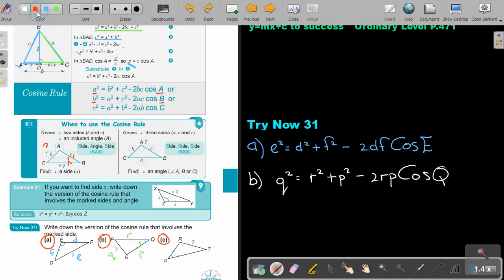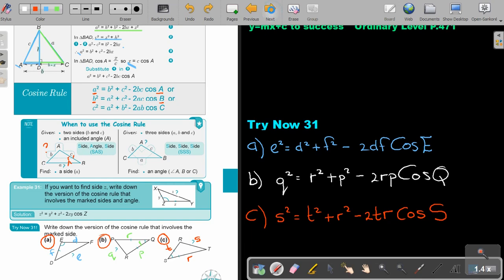And then the last one, don't forget that is small s, that's small r, that's small t. So if I write the last one, which I'm looking for, s squared will be t squared plus r squared minus 2tr cos of s, and that will be the final answer.